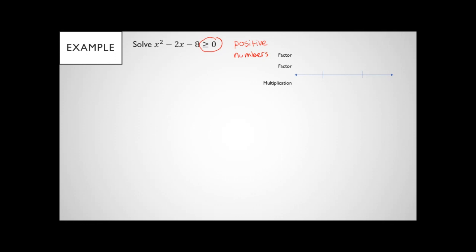So we're looking for positive numbers, just as a reminder. So first step is to factor. So we're going to factor or solve, but this factors. So this factors to, let's see, x minus 4, x plus 2.